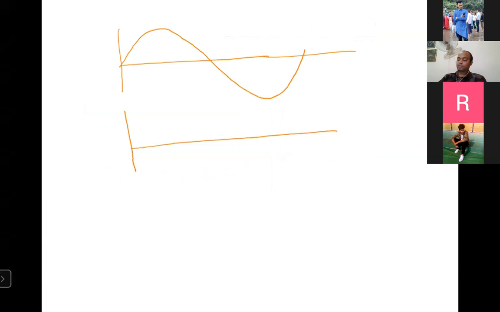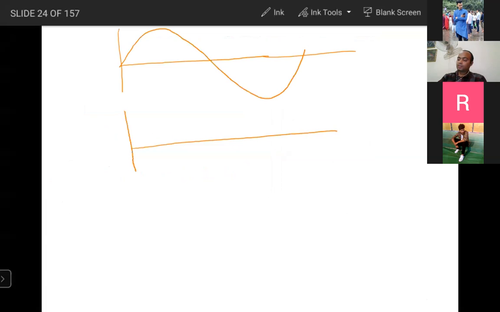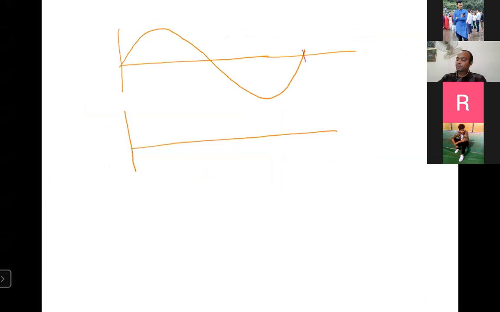So let us say I have one sinusoidal wave like this, and the second one I have, it is having 1 second, let's say 1 second. So this is a 1 hertz signal. I'll take one 3 hertz signal. That means it will complete 3 cycles in this time. That will be one cycle.